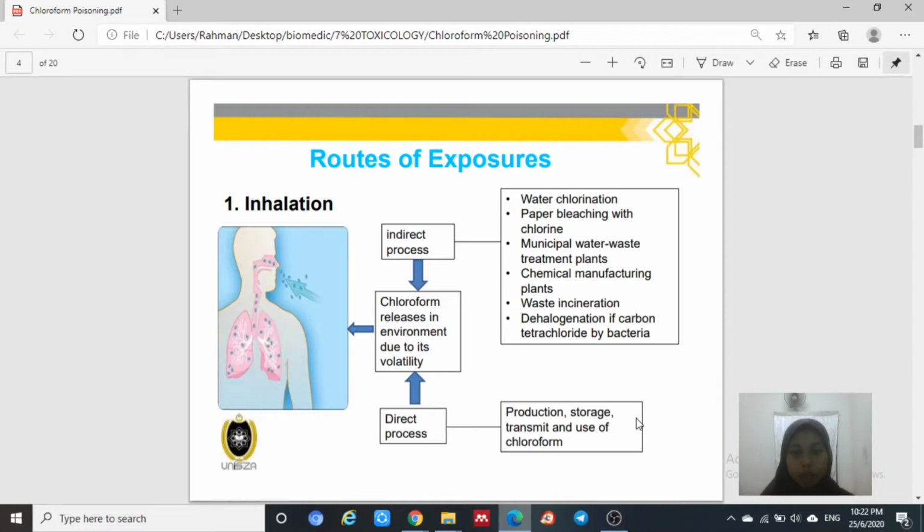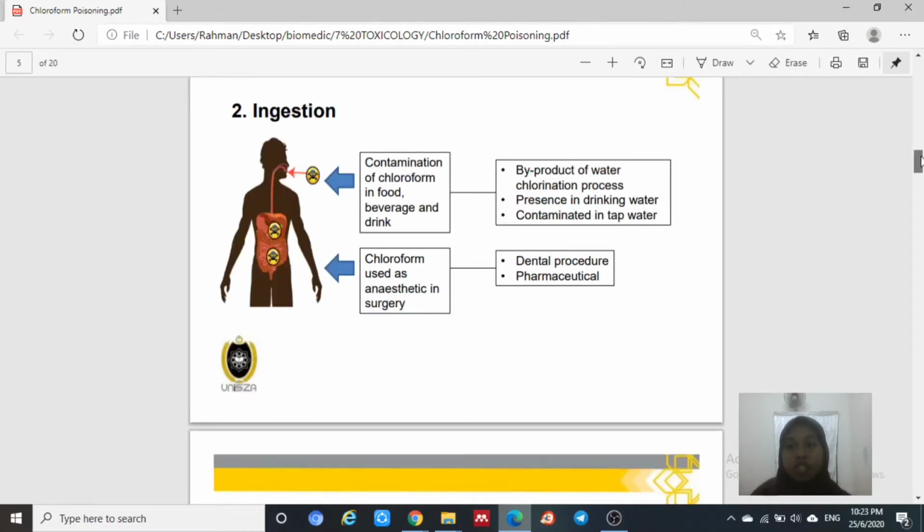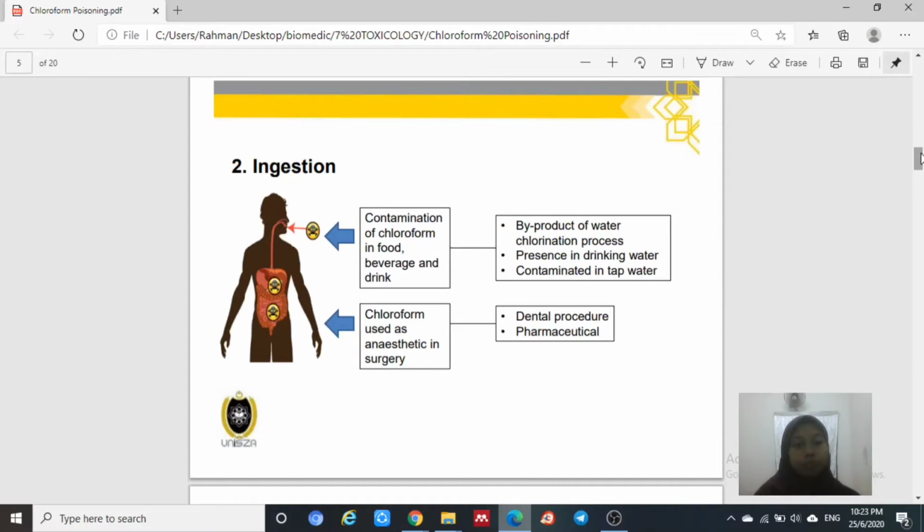But the direct process is the releasing of chloroform into the environment directly from its production, storage, transmission, or use. These two processes will release the chloroform into the environment, and then we will inhale this, which leads to the exposure to chloroform.